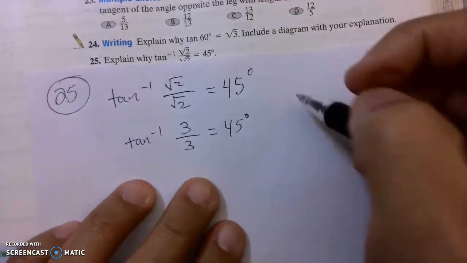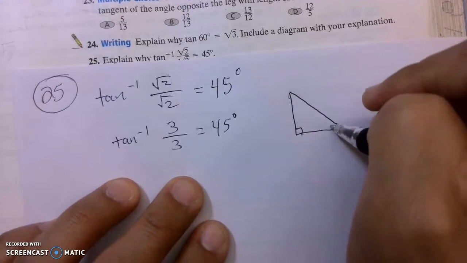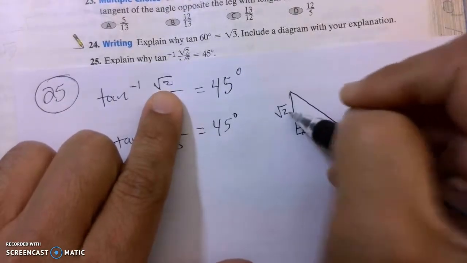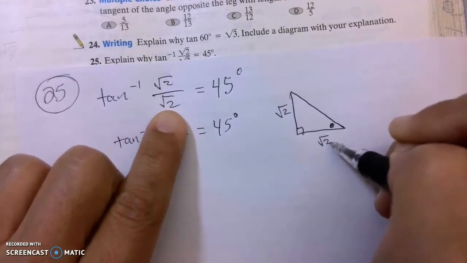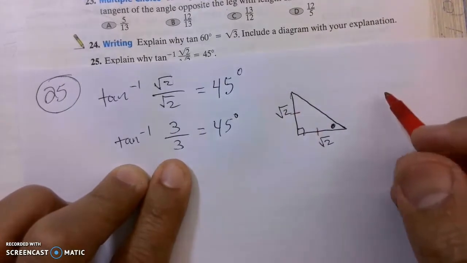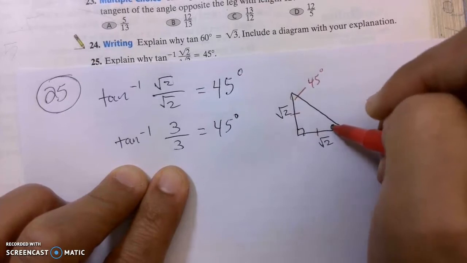Now why is this the case? Well, when we have a right triangle, let's say I'm going to start at this dot angle. If opposite is radical 2 and adjacent is radical 2, that means you have an isosceles triangle. And even without the calculator, I should know that this is 45 degrees, 45 degrees.